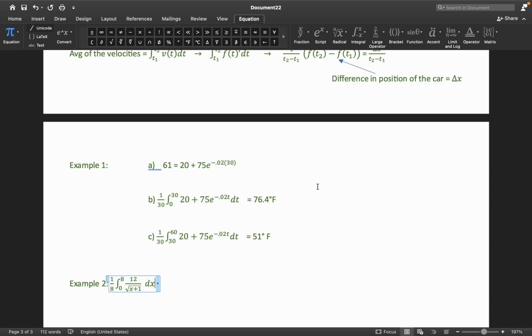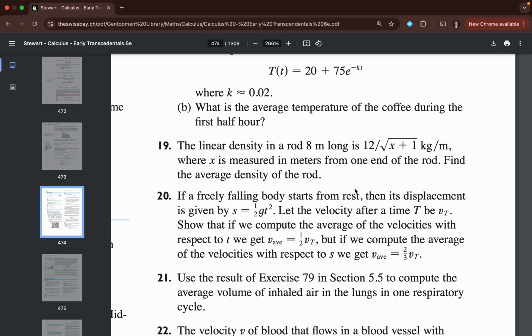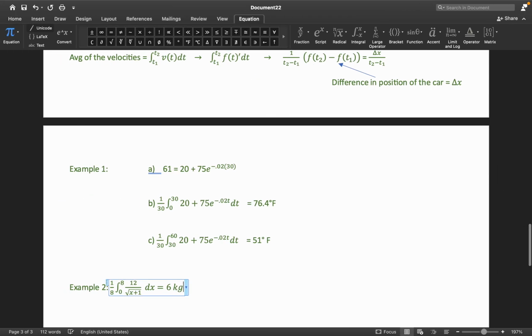So math 9, 12 over square root of x plus 1, x, 0 to 8, and then don't forget to multiply by 1/8. The average density would be 6, and what's our units? Kilograms per meter.